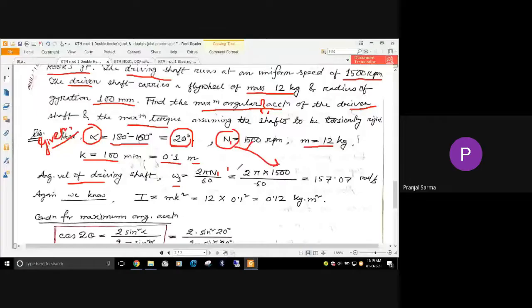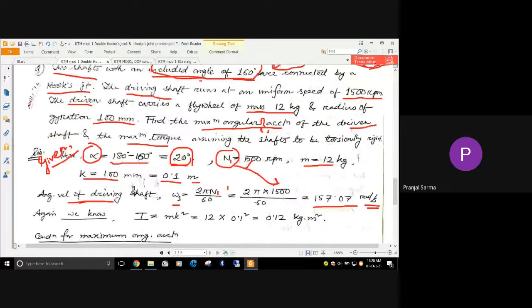Putting n1 as 1500, omega 1 equals 2 pi into 1500 divided by 60, which gives 157.07 radian per second. These units are important. Use the proper unit, because if you use the wrong unit, you will lose some marks. That is the angular velocity of the driving shaft.